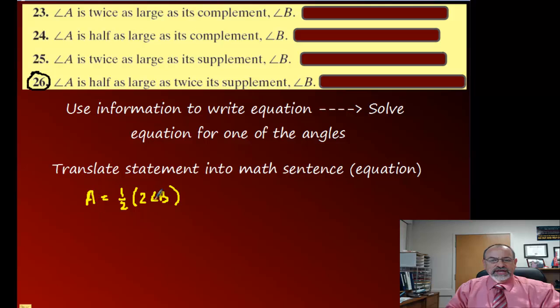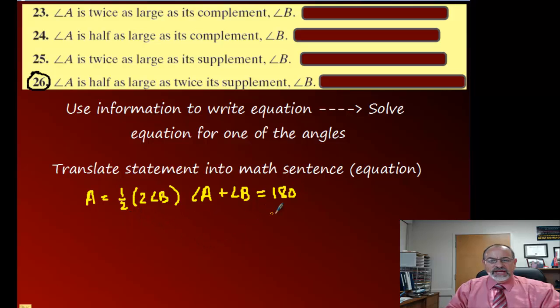Again, I have two variables here, and I don't know what either one is, so I need another equation. Supplement means angle A plus angle B is going to equal 180.